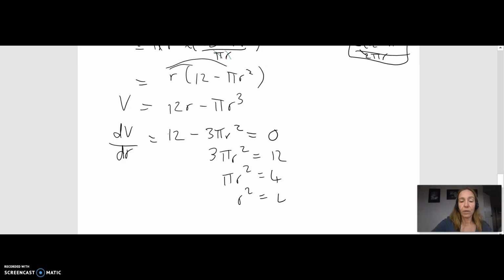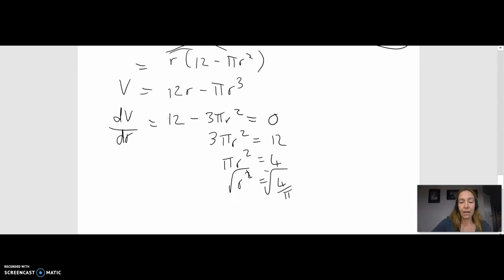R squared will be 4 over pi, and I'm just going to square root both of those, and obviously only take the plus of that because you cannot have a negative radius.